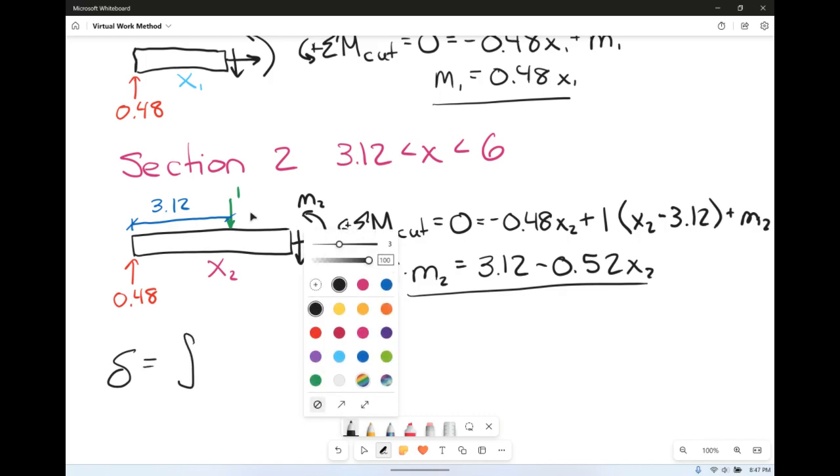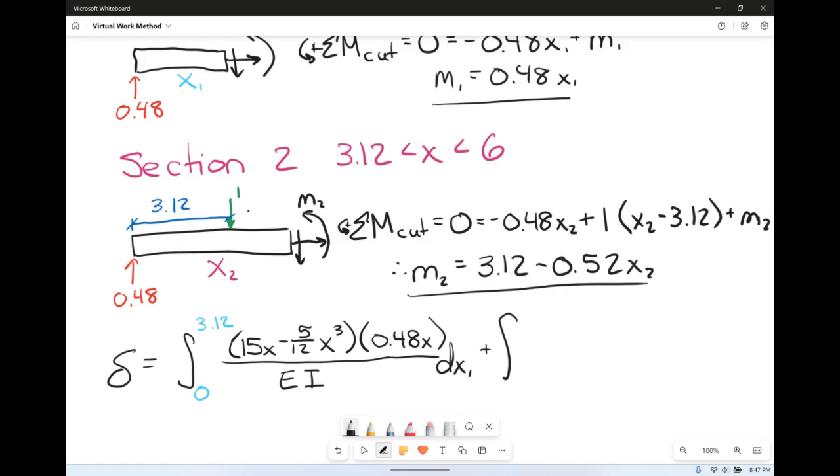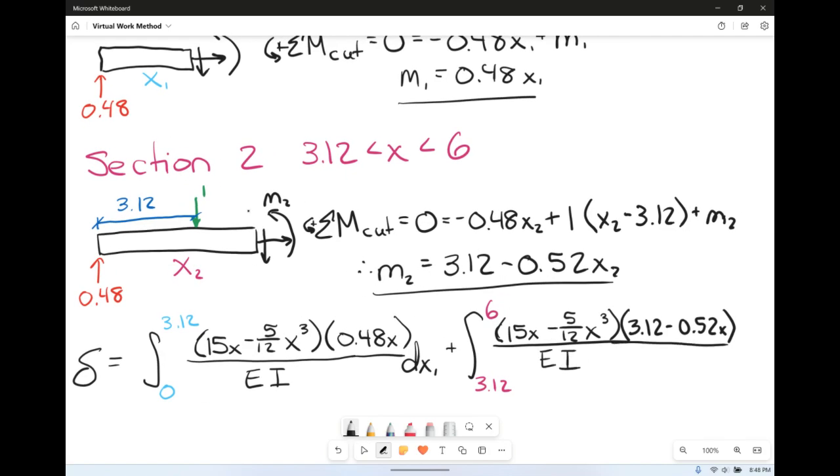That's going to be the integral of section 1, which went from 0 to 3.12, of big M, which hasn't changed, 15x minus 5 over 12 x cubed, times little m1, 0.48x, all that over EI times dx1, plus the integral for section 2, which goes from 3.12 to 6, of big M, still hasn't changed, 15x minus 5 over 12 x cubed, times m2, 3.12 minus 0.52x, all this over EI times dx2.